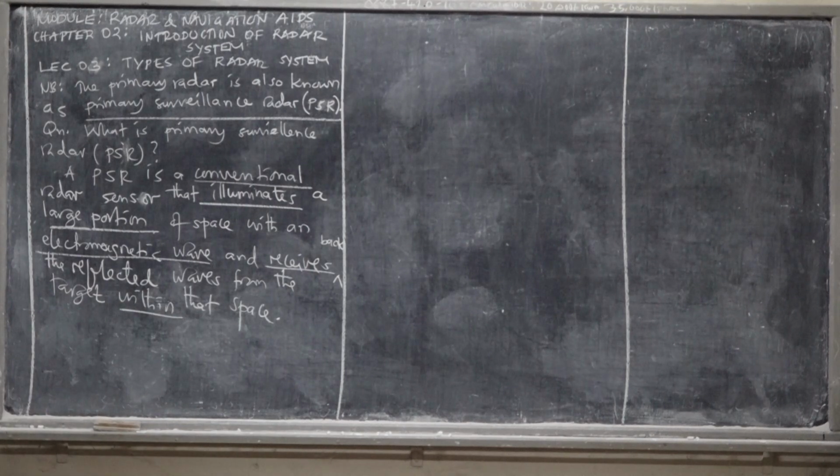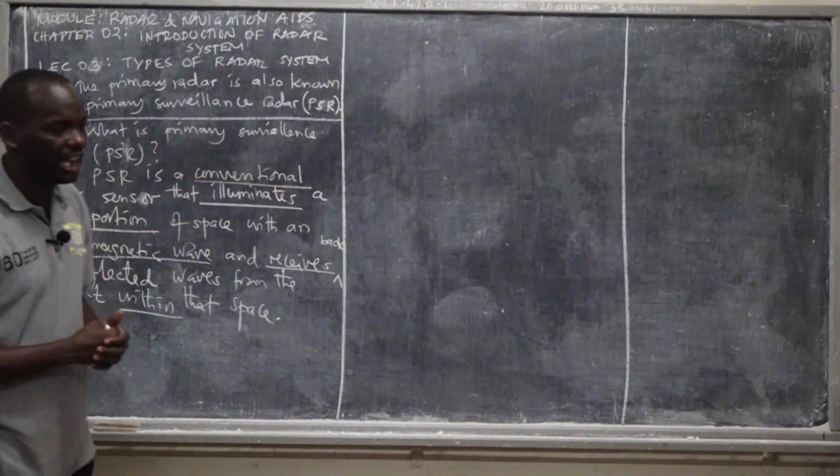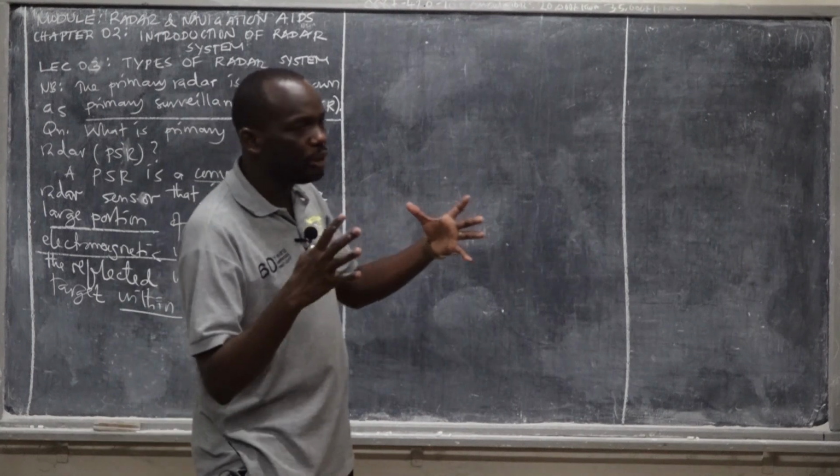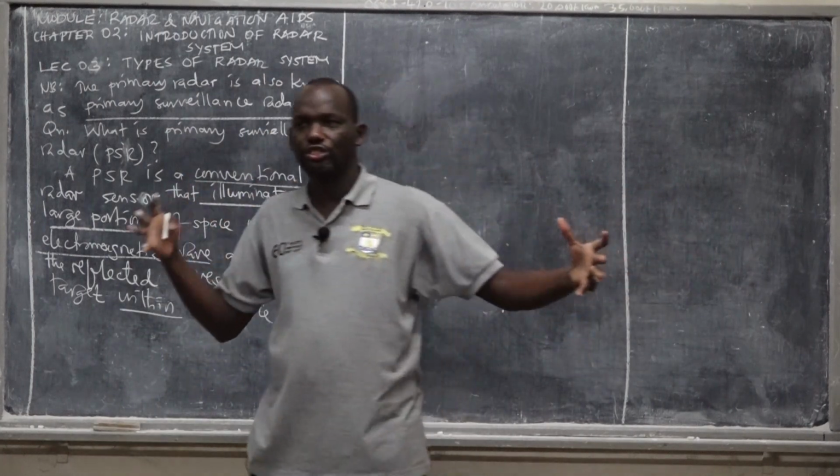What does it mean? We say that a primary radar is a radar that gives detection based on propagating electromagnetic waves towards a distant target, but the target should be within its range.